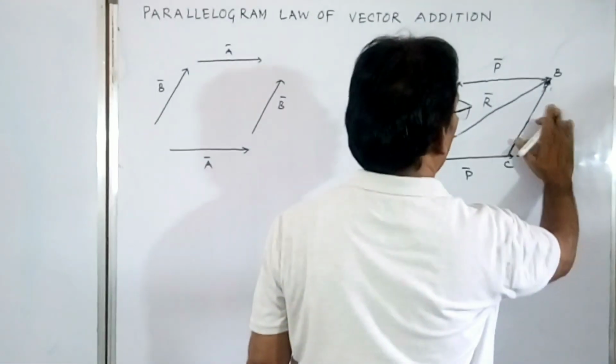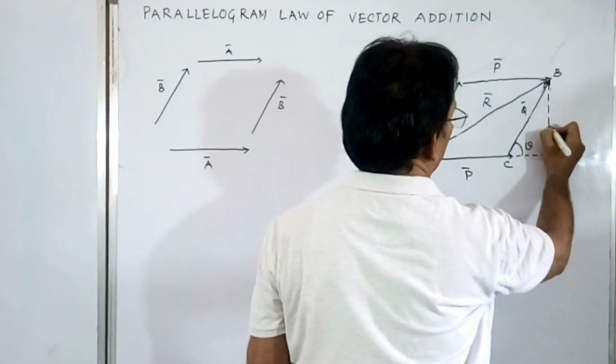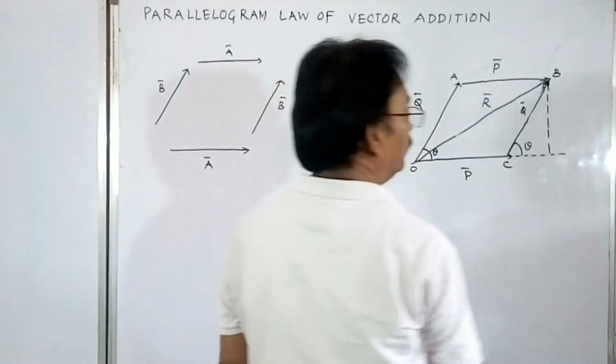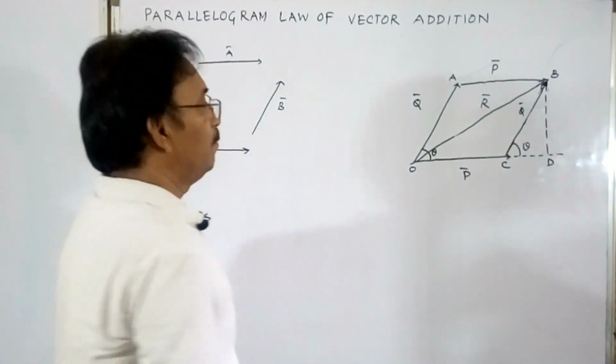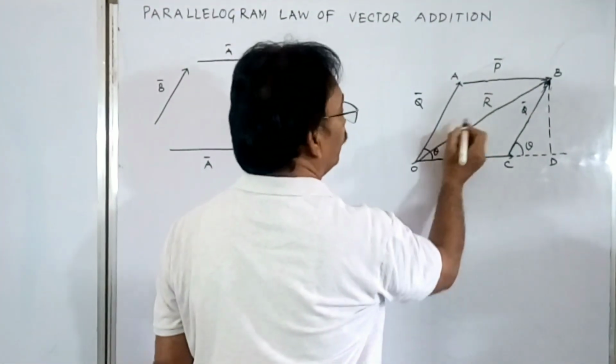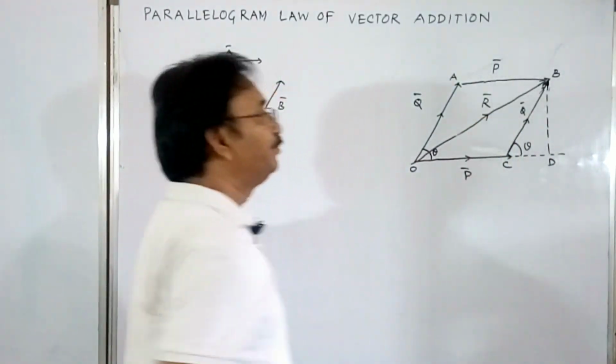Now see what I am doing with the q bar. I am dropping a normal from this point onto this. Let's say it is D. It's a vector p bar and it is q bar and it is r bar.